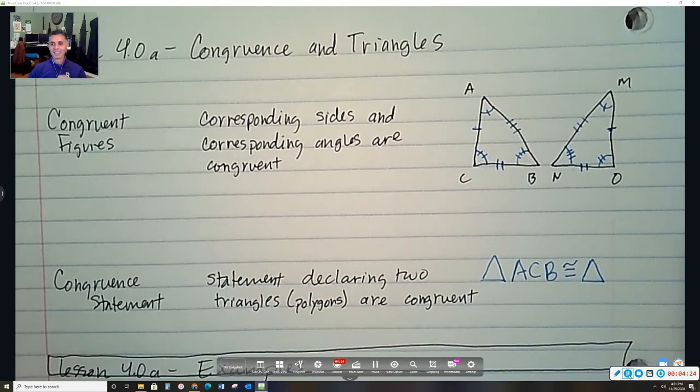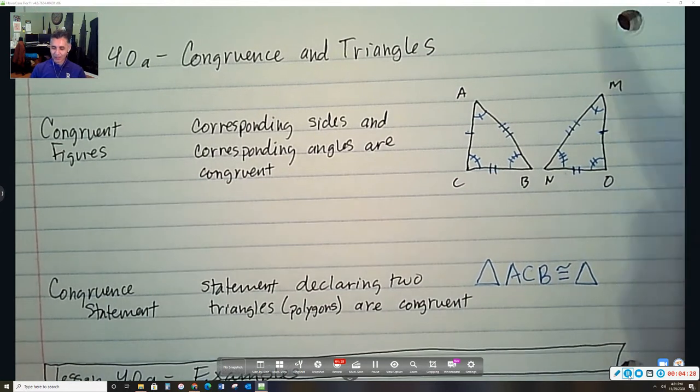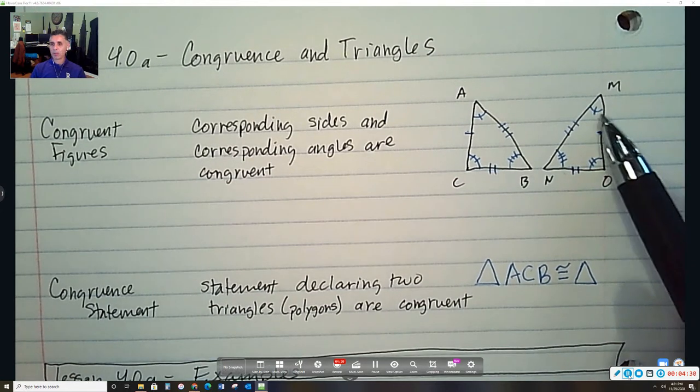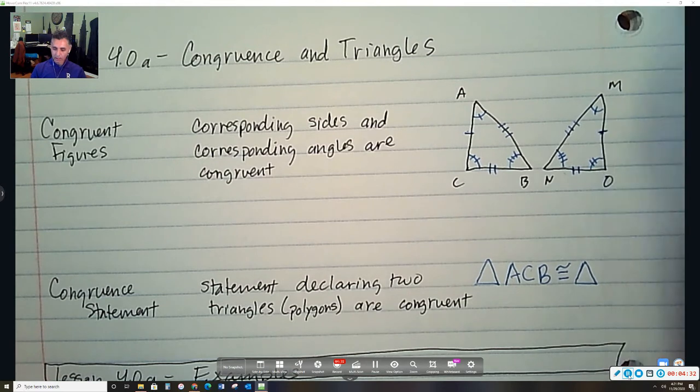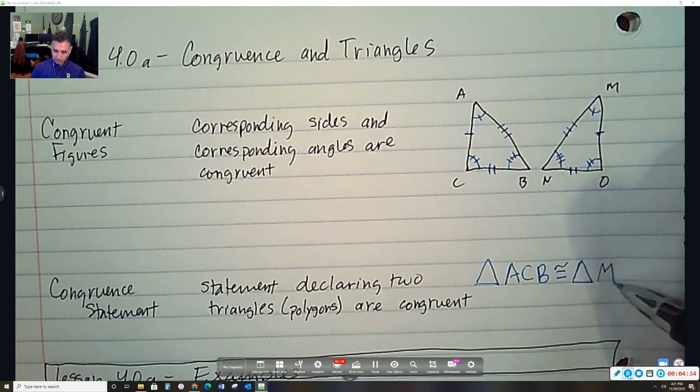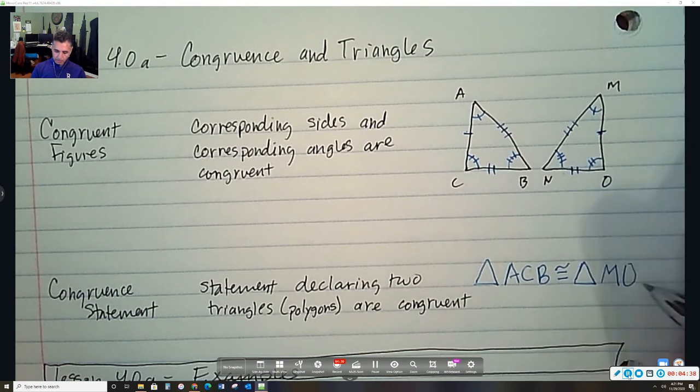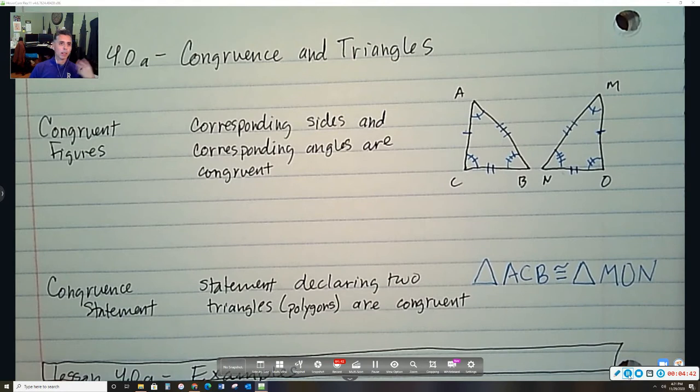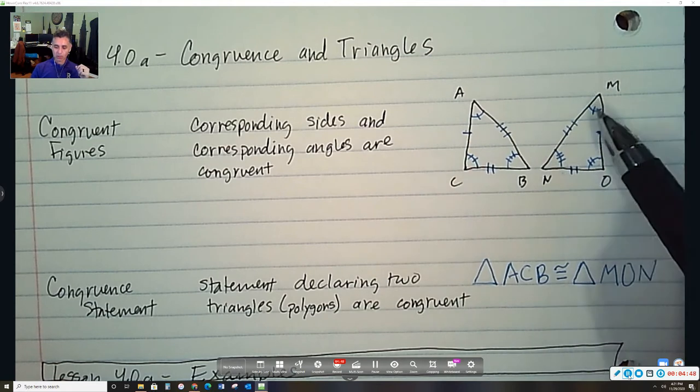Okay, I'm back. So again, this second triangle, I would go in order from the angle marks. This one has one angle mark. This one has two, and that one has three. So it's not necessarily in alphabetical order like I talked about in the last video, but more it's which angle matches up with which angle.